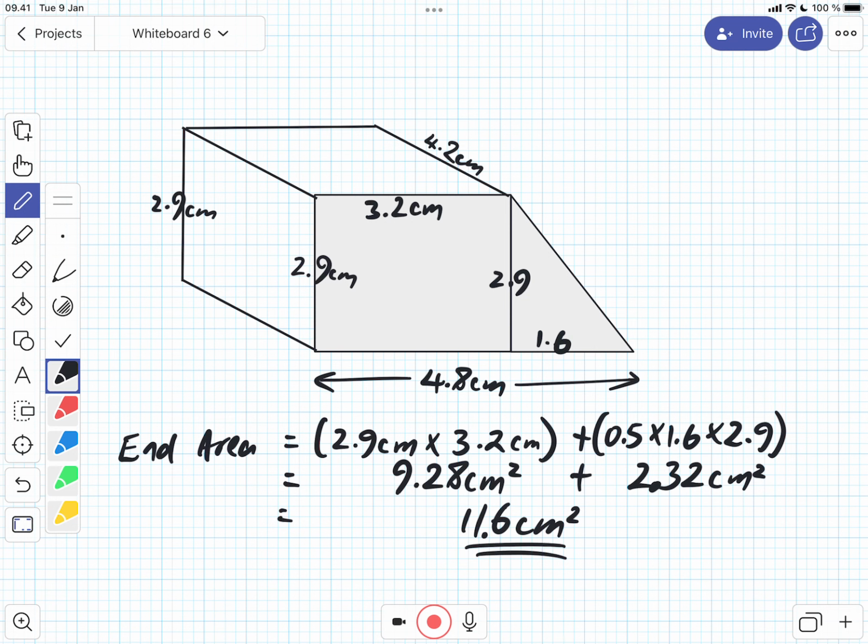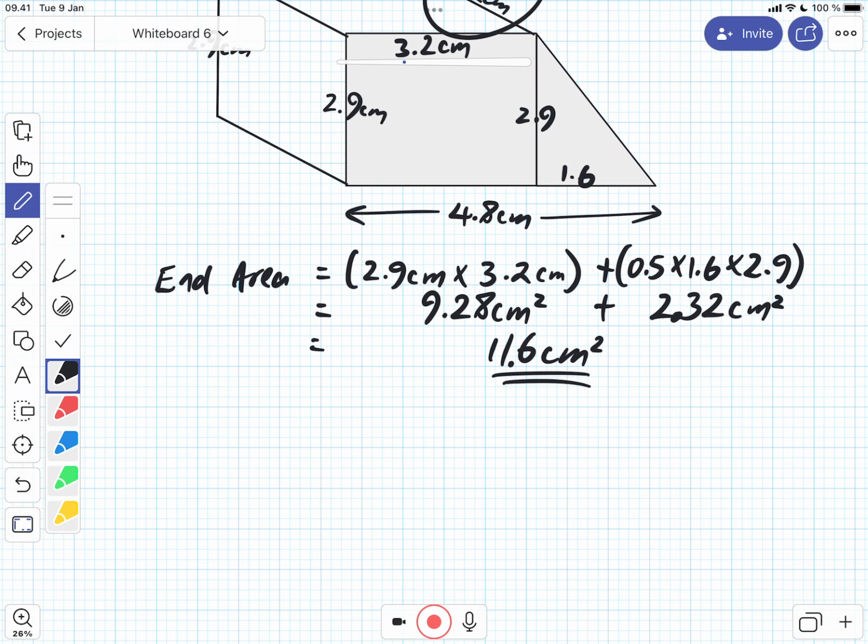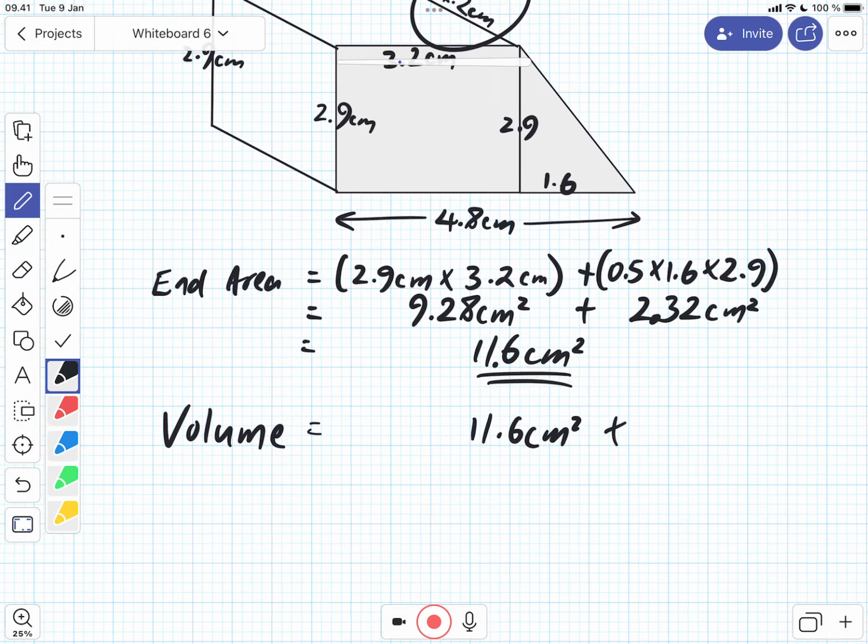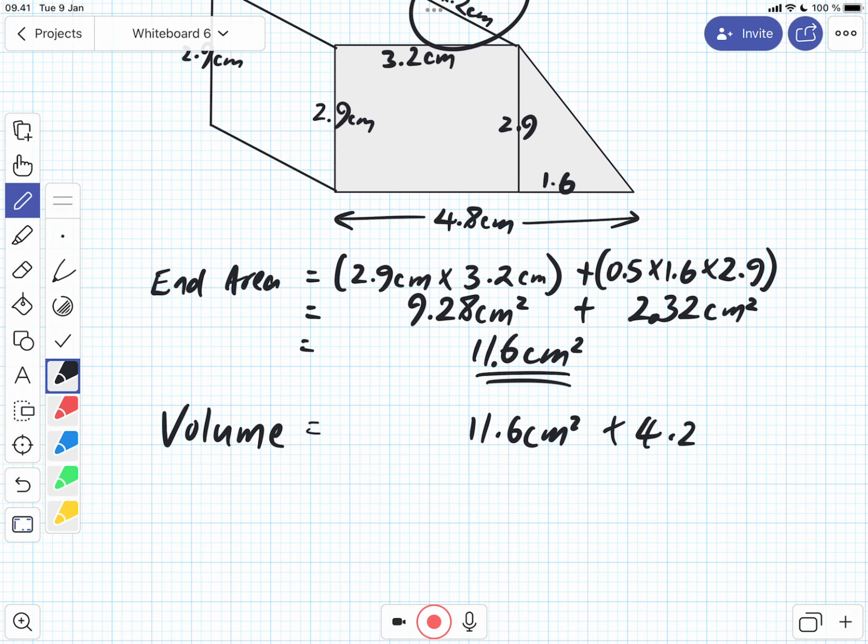And then the volume of the whole thing will just be 4.2 times that. So volume equals 11.6 centimeters squared times, what was it, 4.2 centimeters. Make that look more like a times.